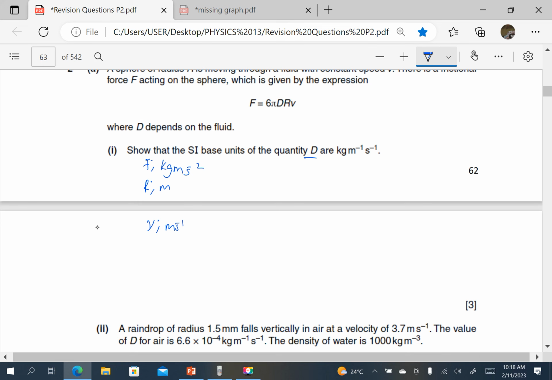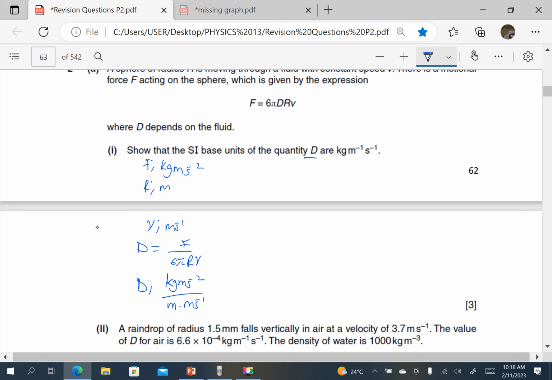So what remains to make d the subject? Making d the subject, d is equal to F divided by 6 pi times r times v. So the units of d will be F, kilogram meters per second squared, divided by, we ignore 6 pi in the units, r in meters times v, which is meters per second.